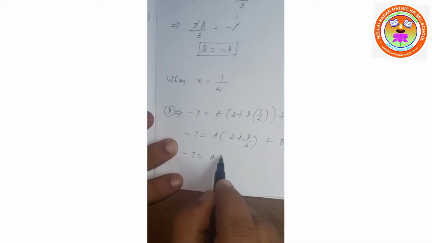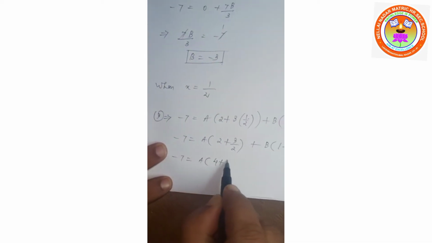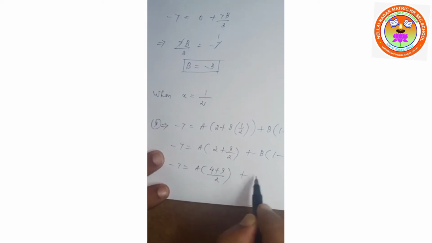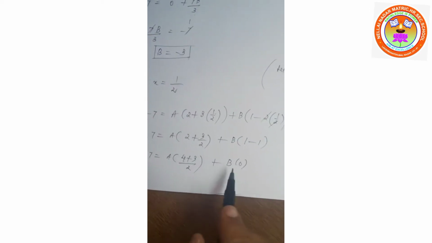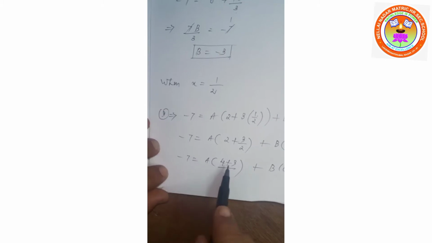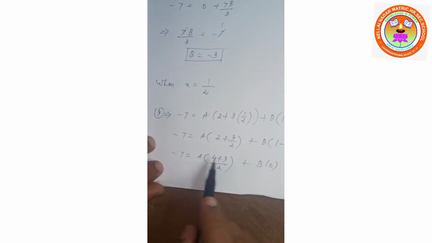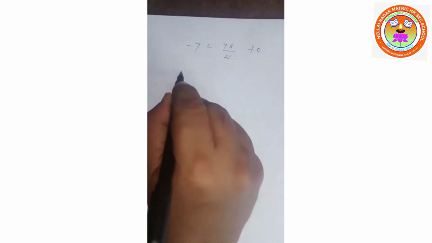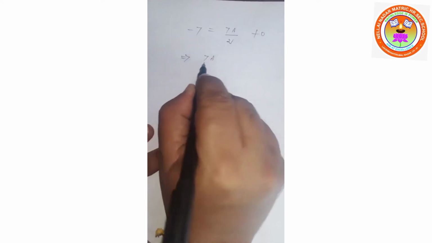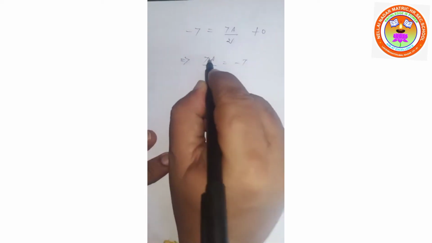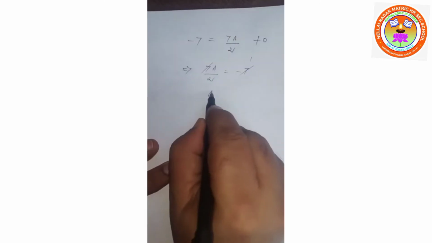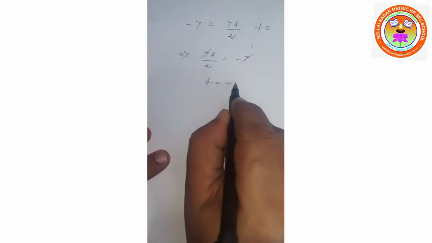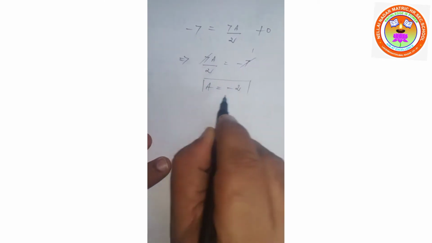Minus 7 equals a into (4 plus 3) by 2 plus b into 0. So minus 7 equals 7a by 2 plus 0. Which implies 7a by 2 is equal to minus 7. Both 7s get cancelled. A equals, cross multiply, minus 1 into 2, minus 2.